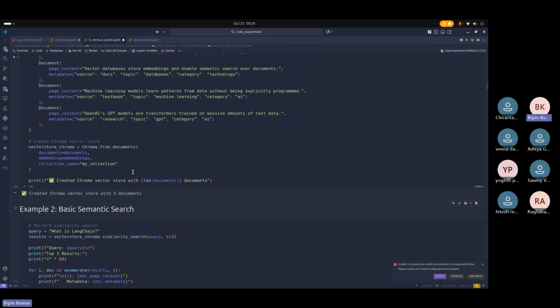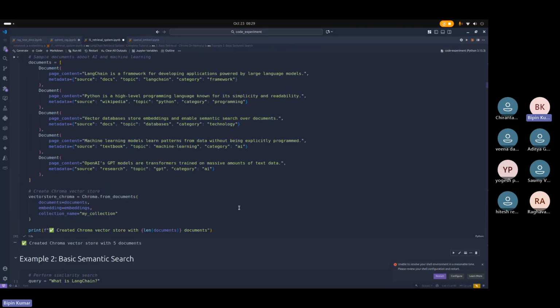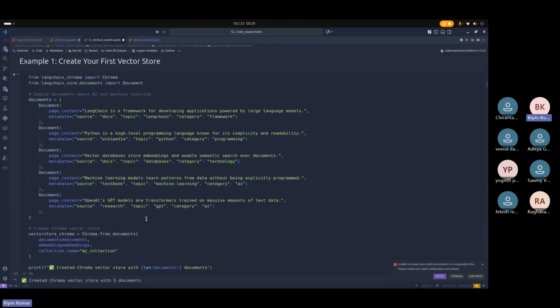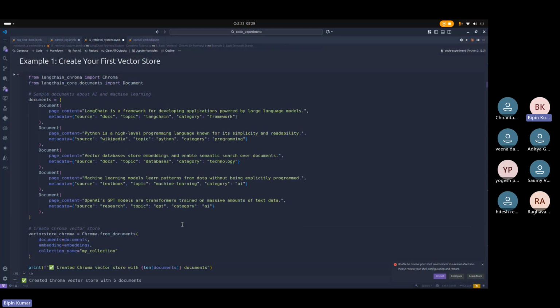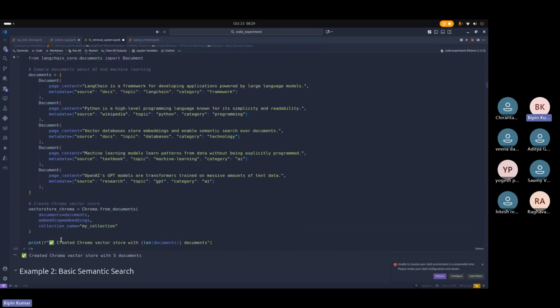Do not give much focus on whether it is in memory or not. Just focus on this: we have done the embedding, and that embedding gets stored in a vector DB. Your question may be where we are calculating the embedding.